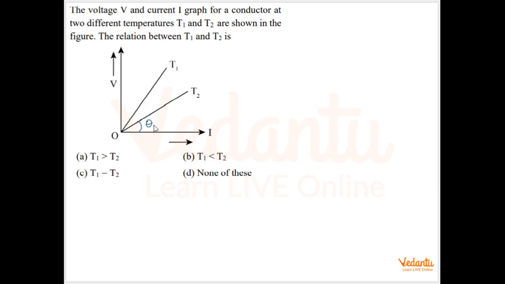So if I take the tan theta values, beta, understand that here tan theta values will just be equal to the ratio of V by I, which will just be resistance R. Now as we can clearly see, beta, theta 1 is bigger than theta 2 from the diagram. Therefore tan theta 1 will also be bigger than tan theta 2, which means R1 will be bigger than R2.